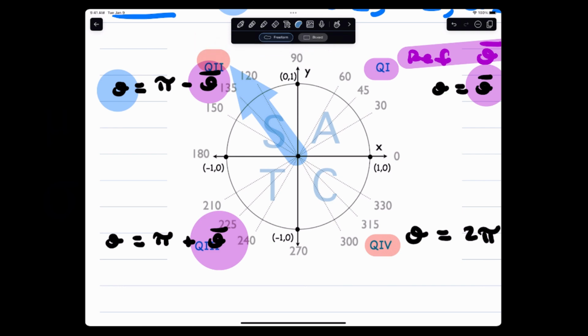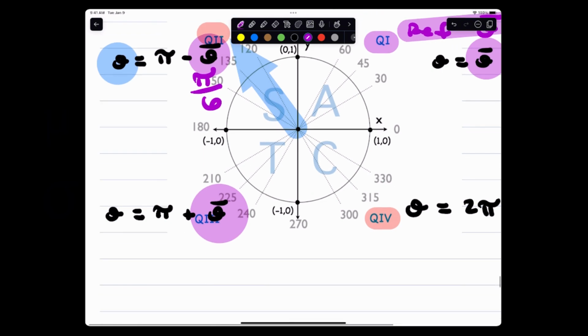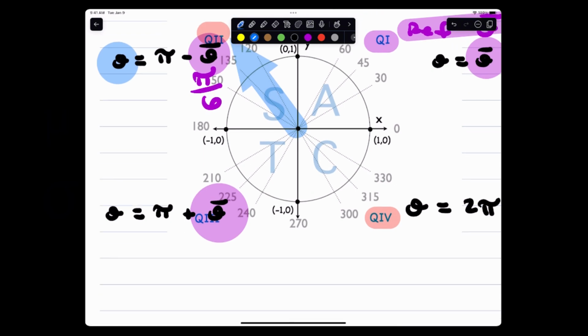You with me on that? What's the reference angle again? Pi over what? Was it pi over 6? So what kind of arithmetic do I have to do?